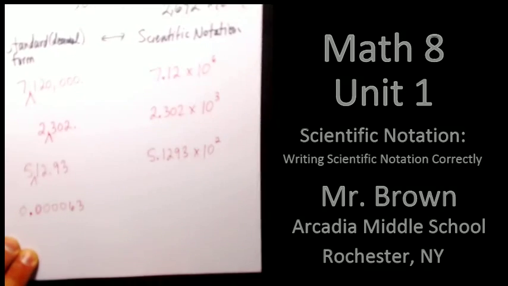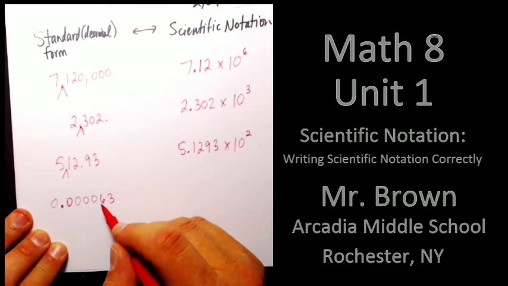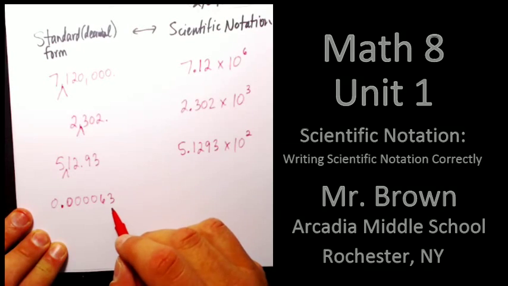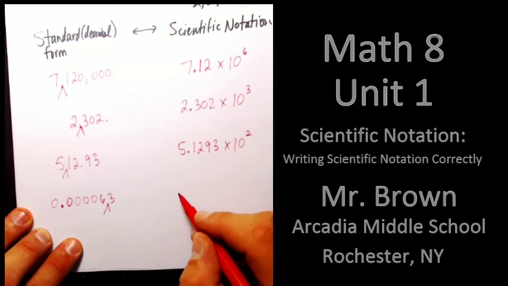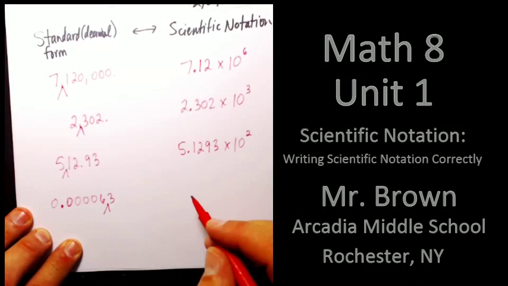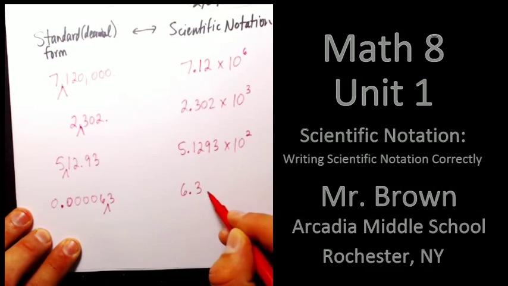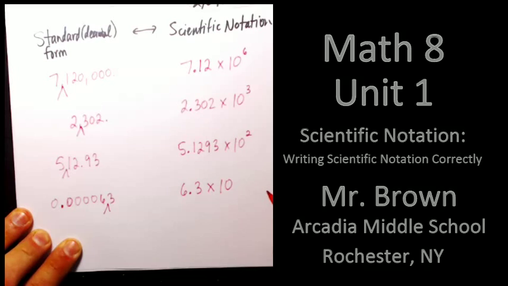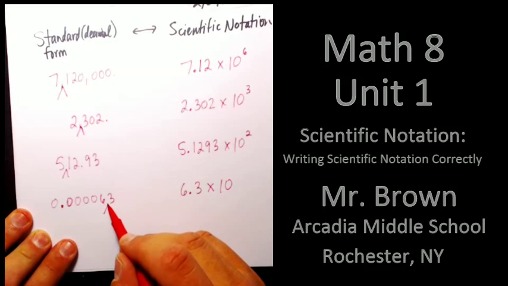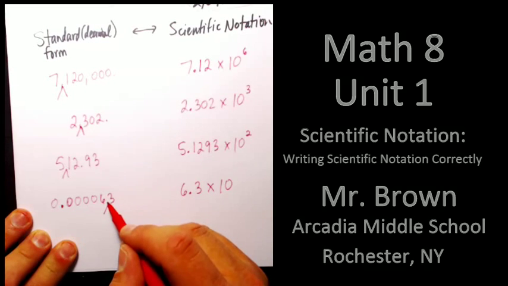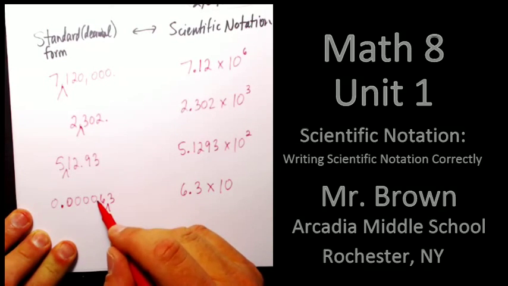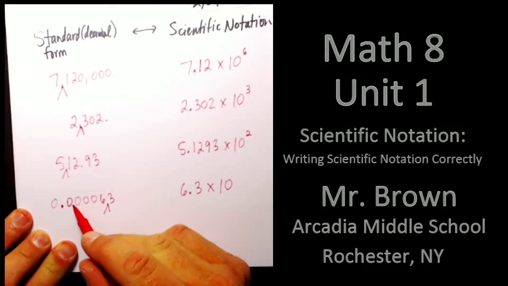0.000063. In standard form, that's a very small number. So anyways, in scientific notation, the decimal goes between the first and second significant digit. In this case, it's 6 and 3. And guess what? We have to move this caret, where the decimal is going to be placed for scientific notation, backwards 1, 2, 3, 4, 5.